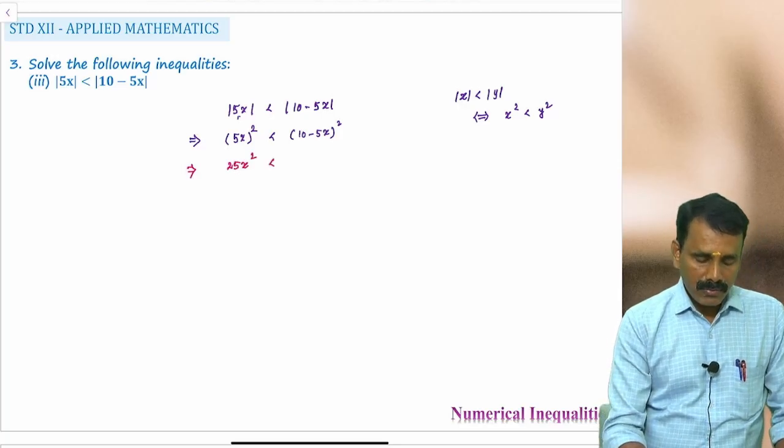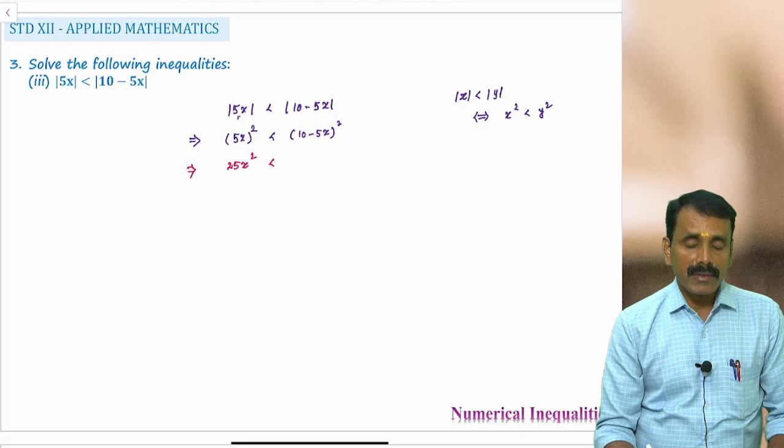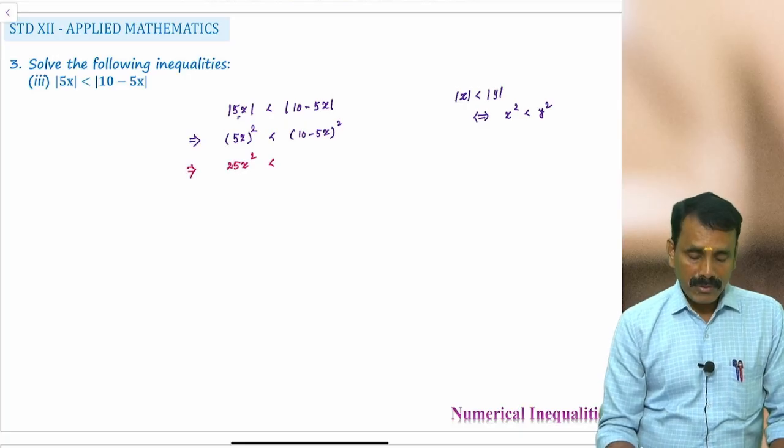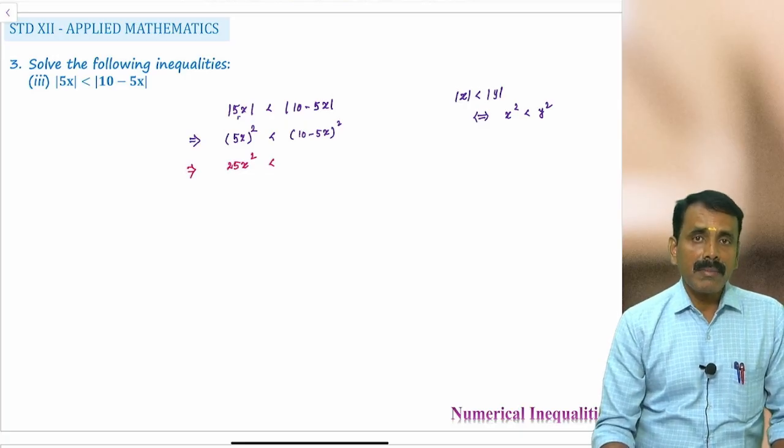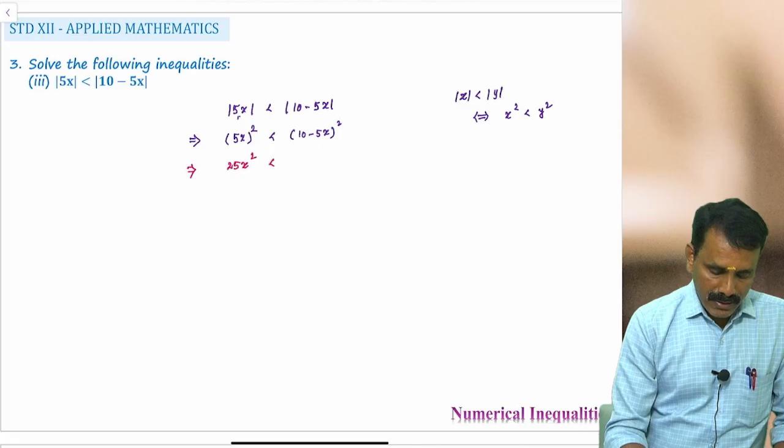We expand 10 minus 5x the whole square using the identity a minus b whole square. So, we get 10 square minus 2 into 10 into 5x plus 5x the whole square.